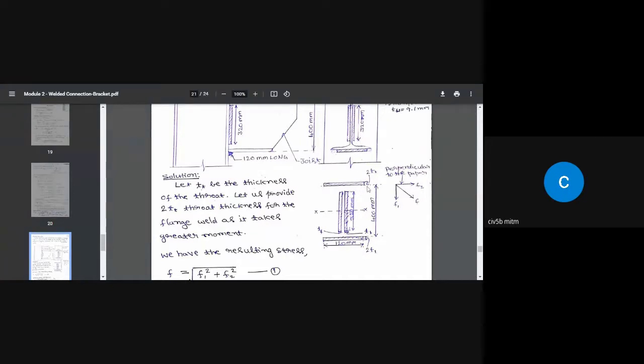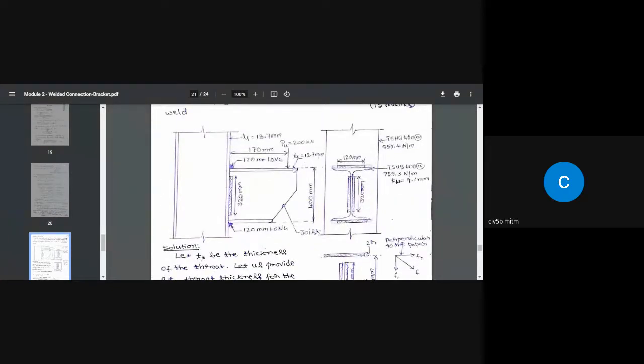The reason is that when it is subjected to bending like this along with the shear due to Pu load, this is going to be subjected to maximum stress. That is, each unit area of the top weld is going to be subjected to maximum stress by virtue of the location, farthest from the neutral axis.